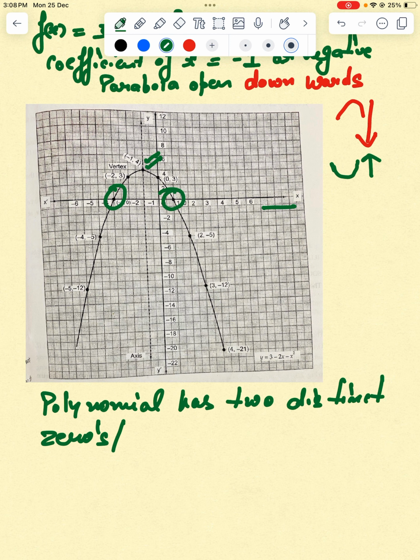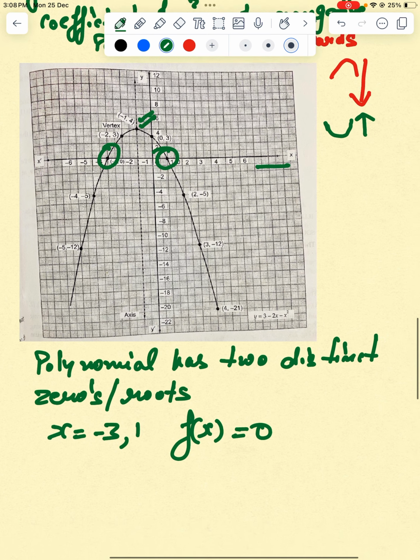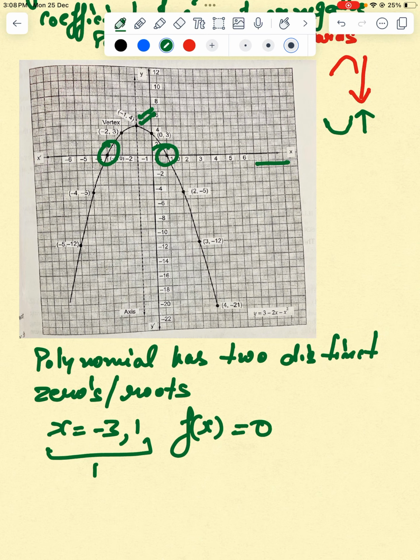We can call them roots as well, right? That is, at x equals minus 3 and at x equals 1, the value of the polynomial is 0. These are called the zeros of the polynomial.